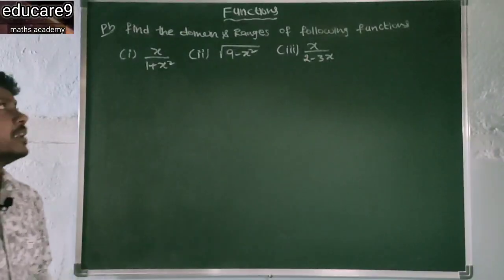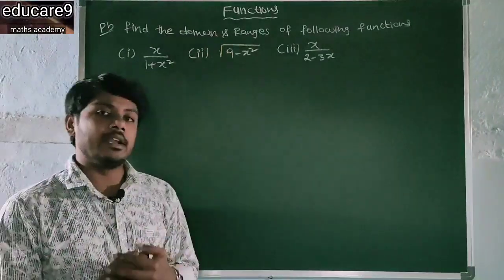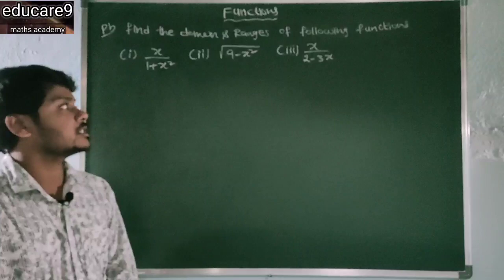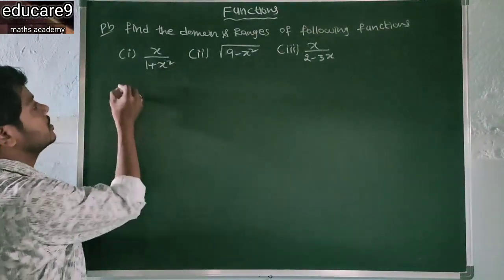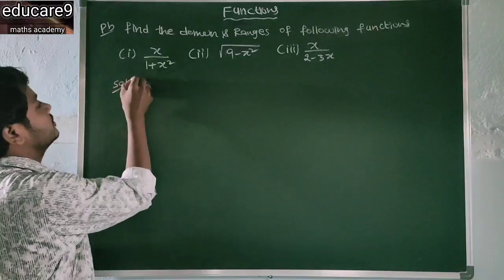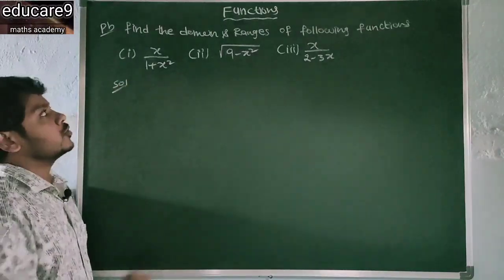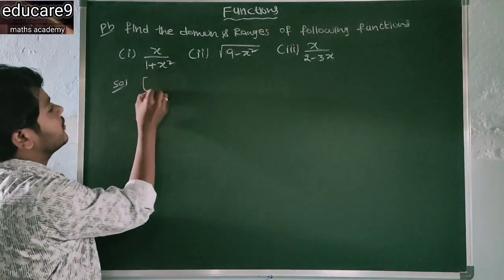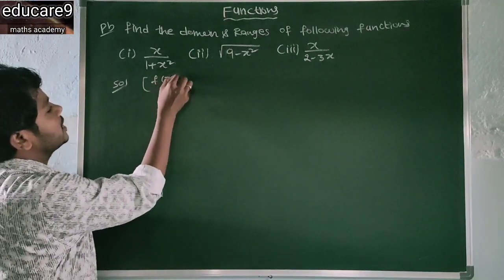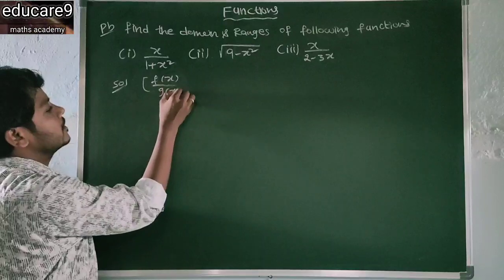So see the next one. Find domain and range of the following functions. Your first one is x by 1 plus x square. So see the solution. First you want to find the domain. Clearly it is in the form of f of x by g of x.